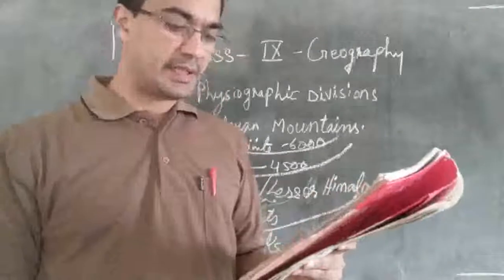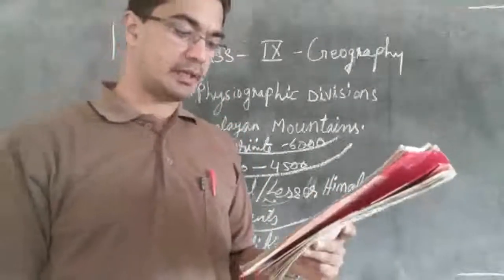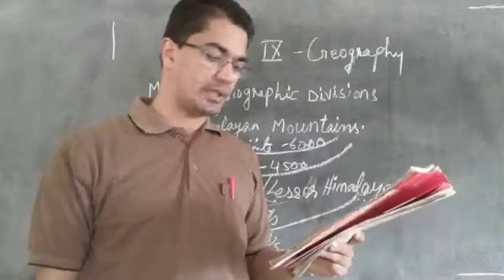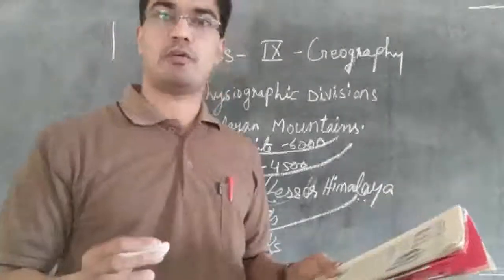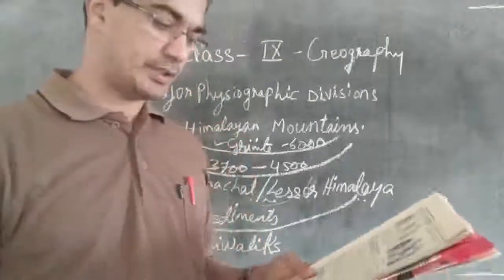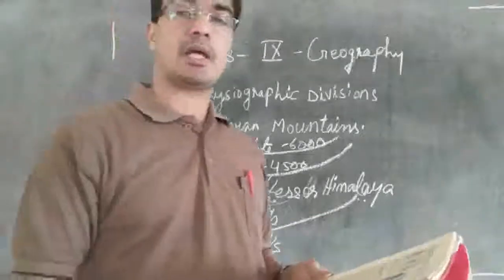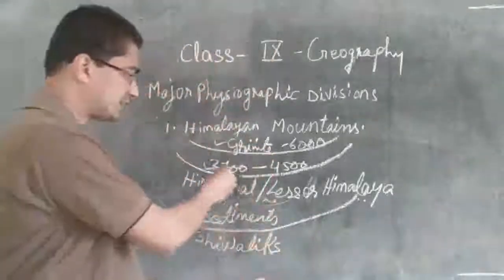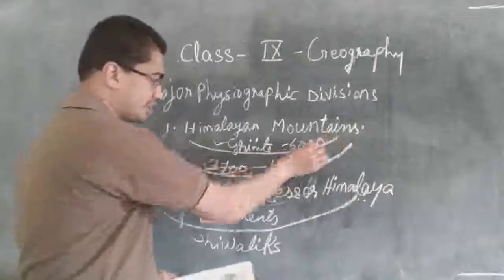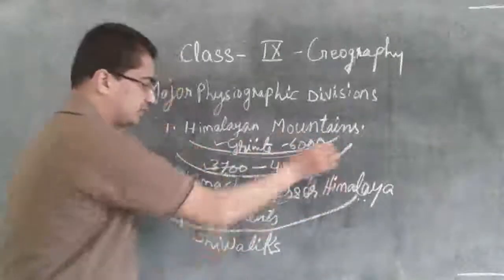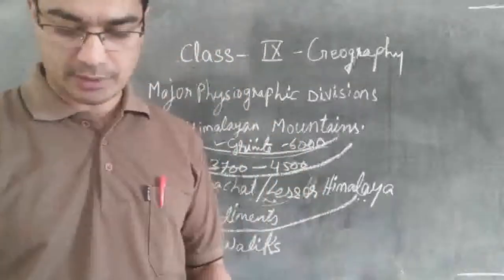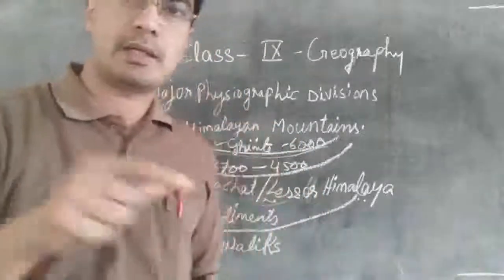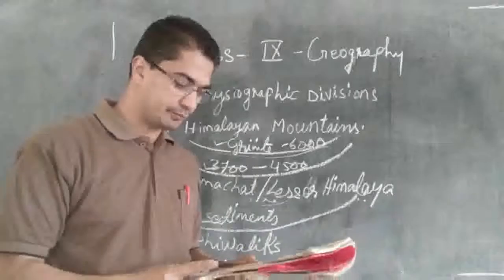And covered with dense forest, they mostly run as parallel ranges and valleys. So most of these mountains are covered with very thick forests, and they are running parallel. As the Himalayan mountain ranges are parallel, most of the mountains in the northeast are also running as parallel ranges.